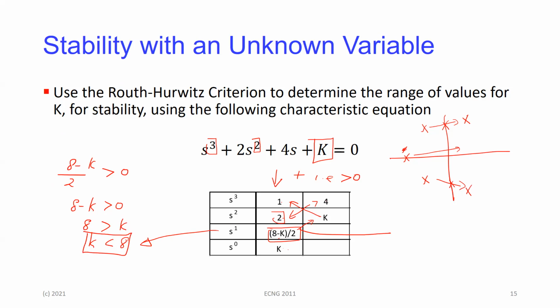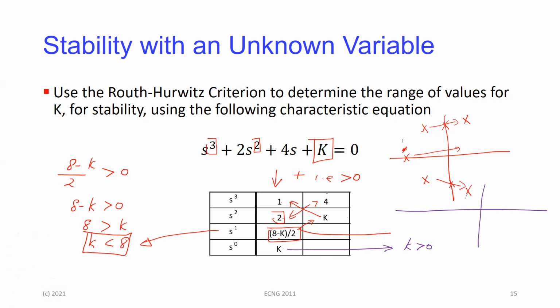The other cell now: K has to be greater than 0 for it to be positive. So let's draw a little number line.